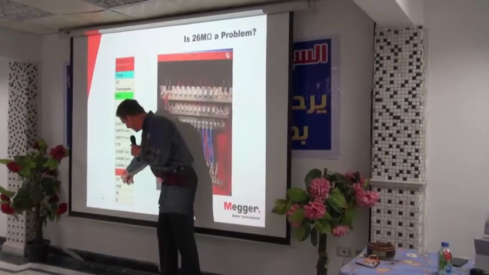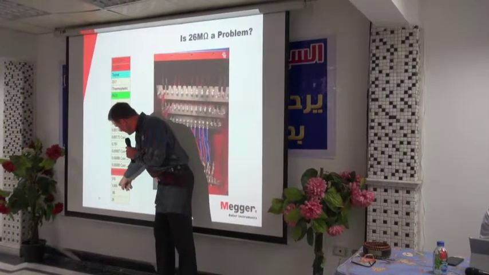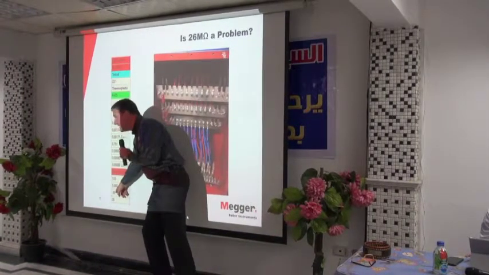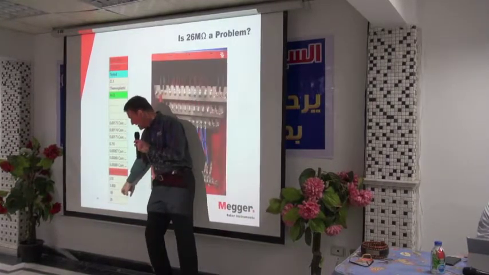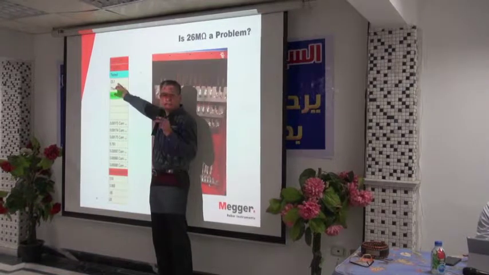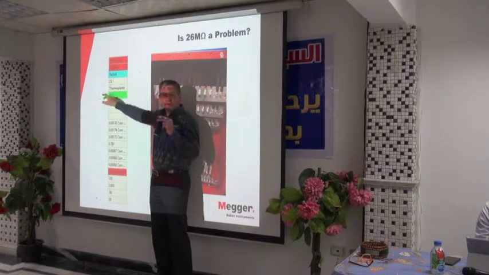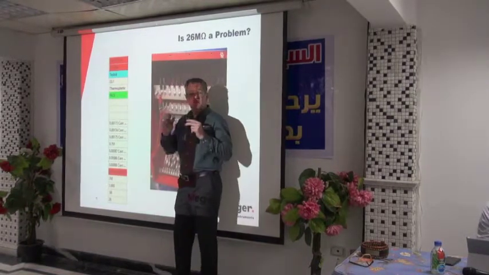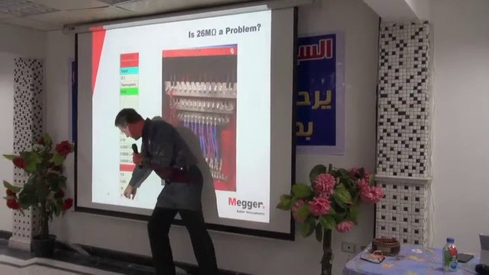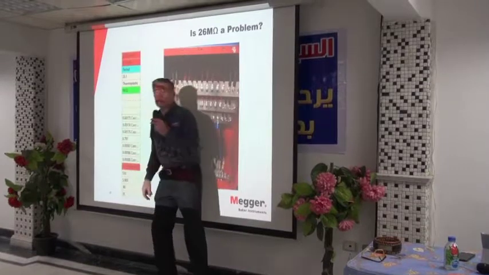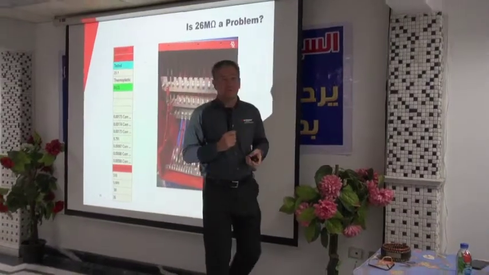Then I make a megohm test. 500 volts, 5.9 microamps of leakage means 86 megohms. 86 megohms at 23 degrees. Our tester makes a calculation for 40 degrees automatically. So at 40 degrees, we only have 26 megohms. Quite low.